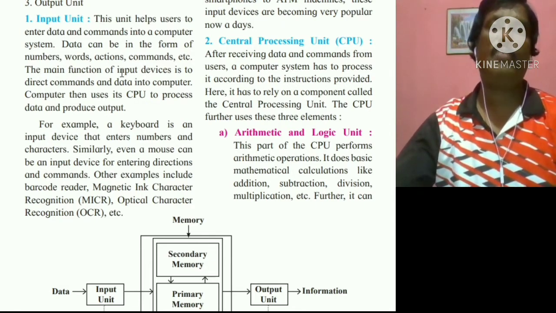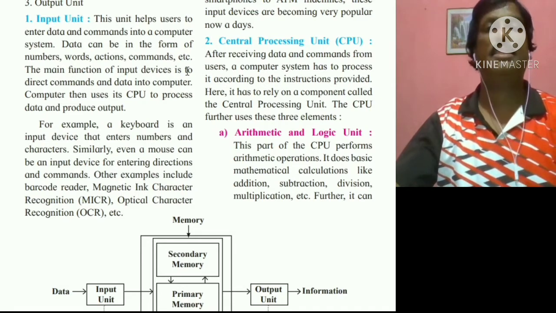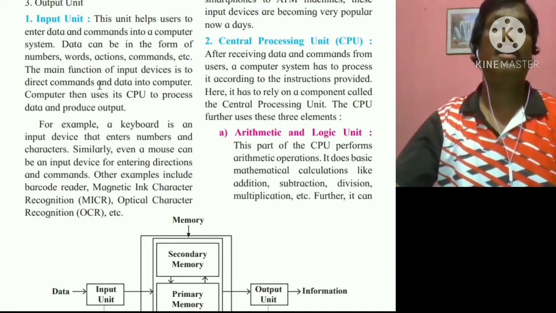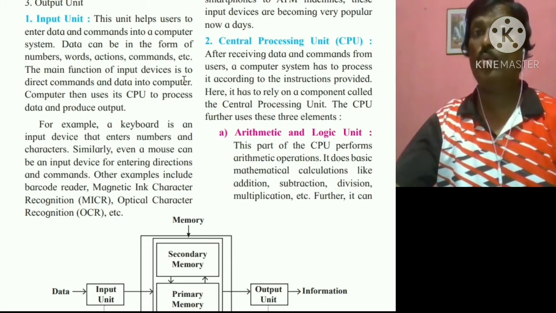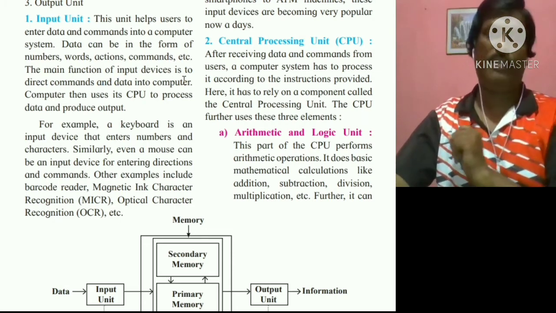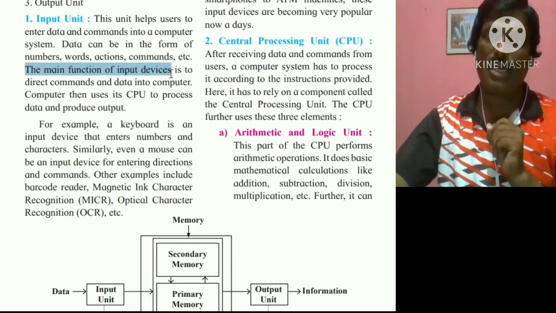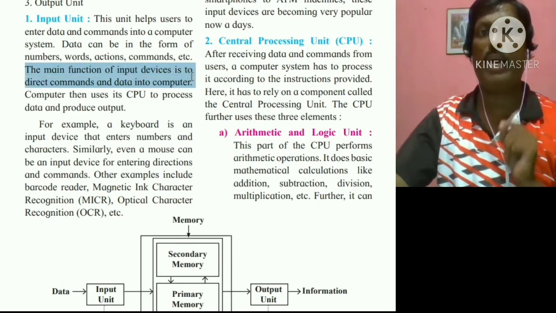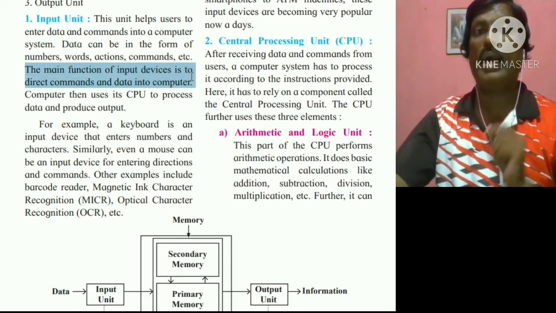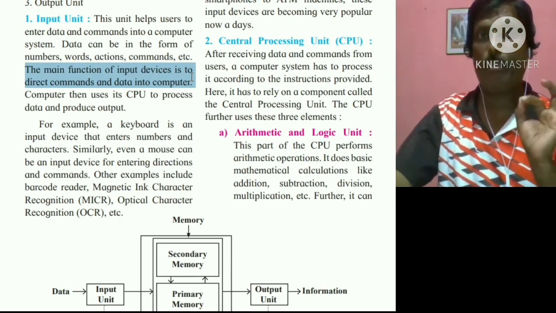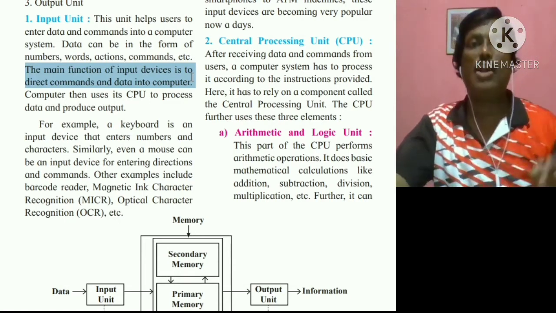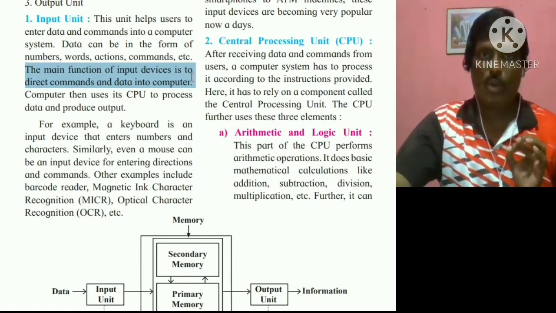Then the main function of input devices is to direct commands and data into computer. Now remember one thing, the main function of input device is to direct commands and data into computer. This is the main function of input device. Okay.